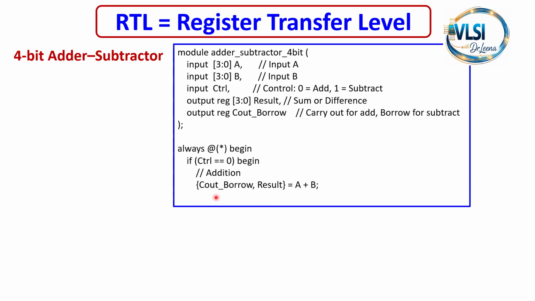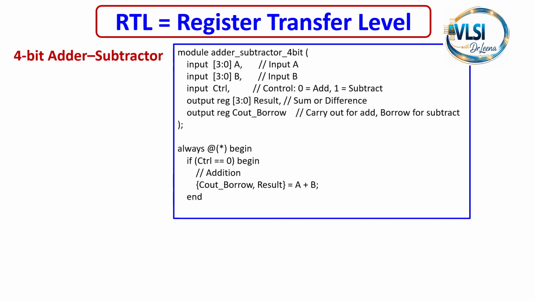Look here, it performs the addition operation, that is A plus B. This cout and borrow with result is a concatenation assignment. Here the cout, borrow and result combine the output. After performing the addition operation, it ends the addition block.